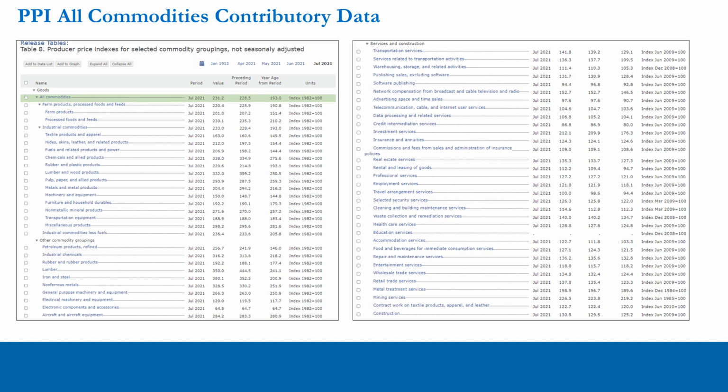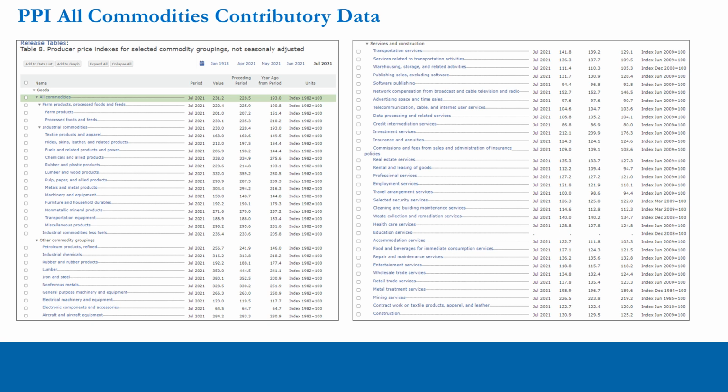But if you look at, for example, other commodity groupings, you can see that a lot of the commodities that are listed there, there's a big overlap with the contributory indices that contribute to the all commodities number.